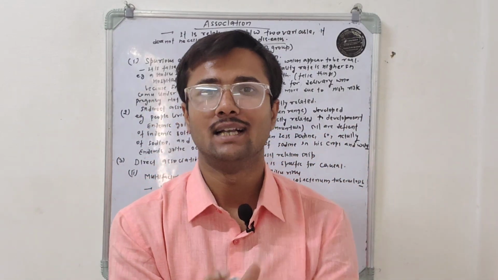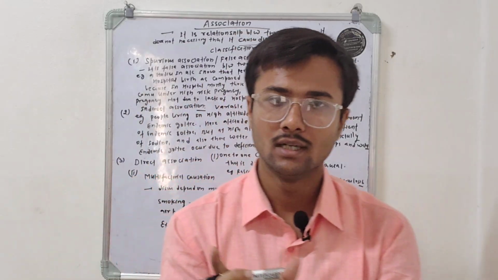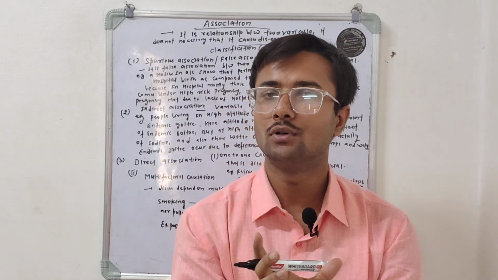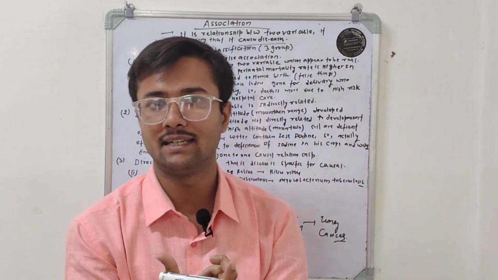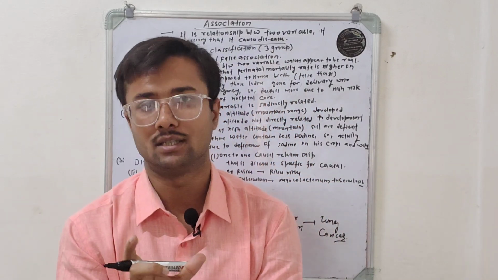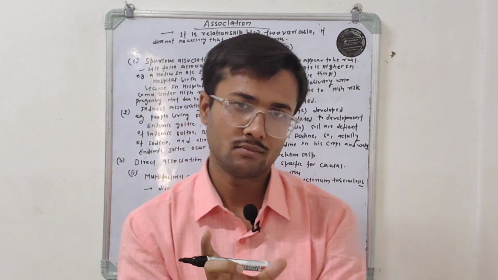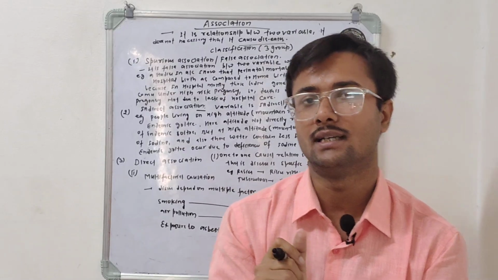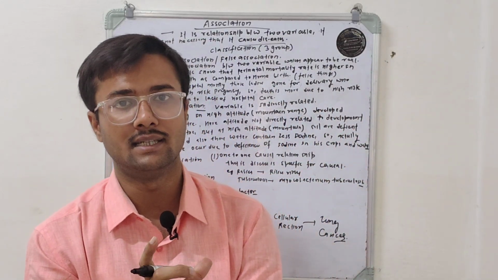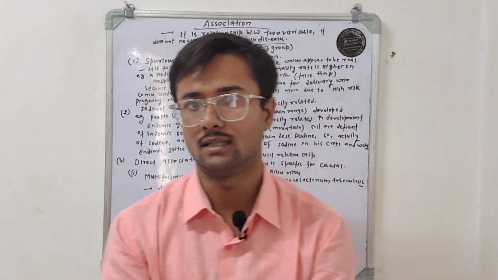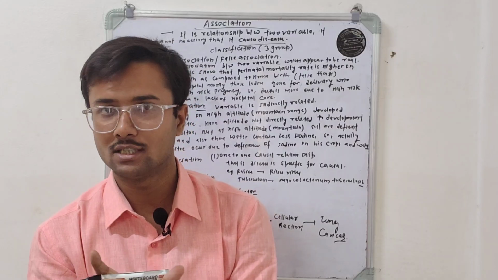Let's take one more example. Suppose a study finds that people who carry lighters develop more lung cancer. Here you think that people who use or keep lighters are more prone to developing lung cancer. But in reality it is not true.